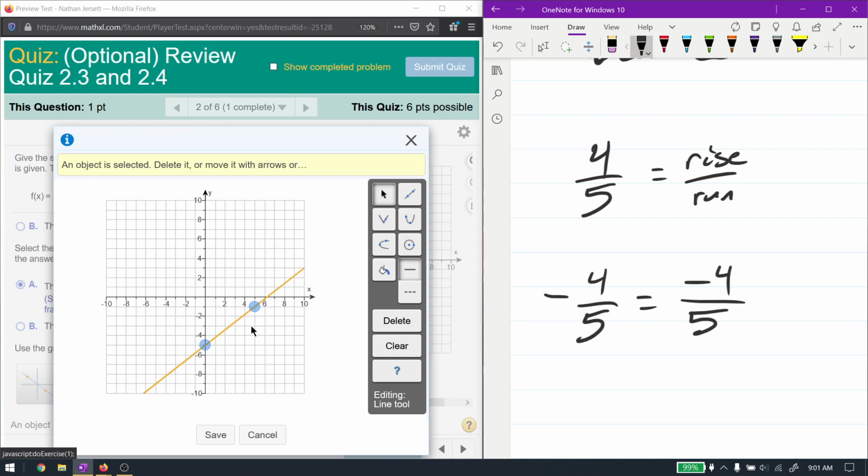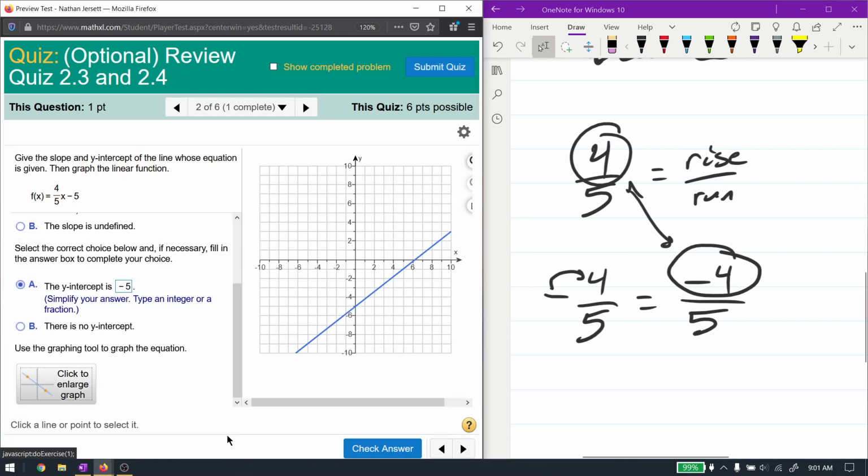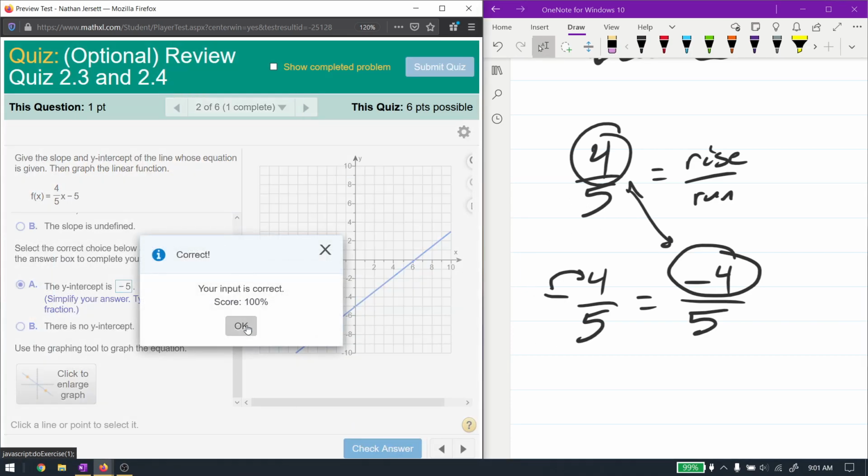So instead of rising 4 units, we're going to drop 4 units. And we're still going to go right 5 units. So there's a negative in there. Just add the negative to the numerator. You can always do that. You can move it around. And then either go up or go down, depending on if it's positive or negative, and then always go to the right, whatever the denominator is. All right, let's check that, and that's correct.